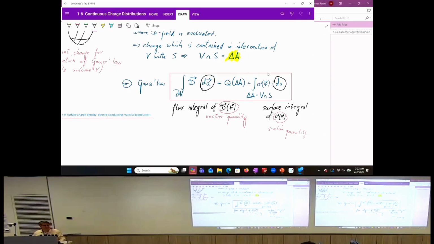Okay, do you have questions? So this is basically taking the step from applying Gauss law to the scenario where we have point charges. We move to the concept of having space charge densities or surface charge densities, which are usually a more practical choice.